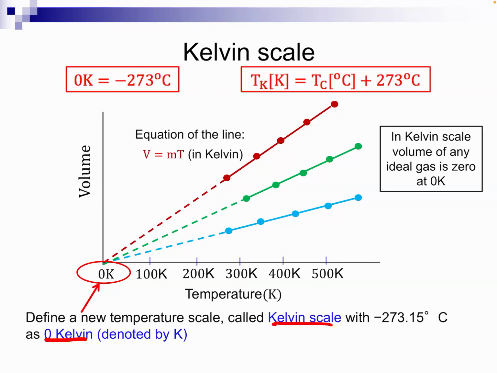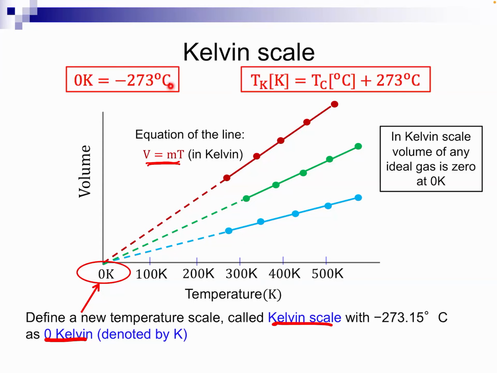By doing so, this linear fit of the volume versus temperature will then be this convenient volume being proportional to the temperature. So that if we decrease the temperature, the volume of the gas then decreases, and when temperature is equal to 0, the volume should be equal to 0 Kelvin. And that's why the SI unit for temperature is Kelvin.